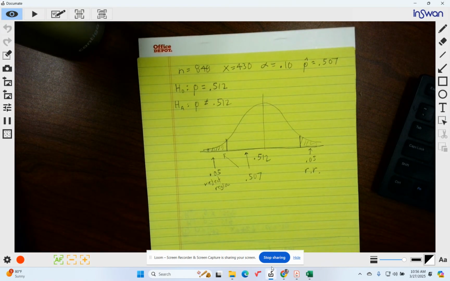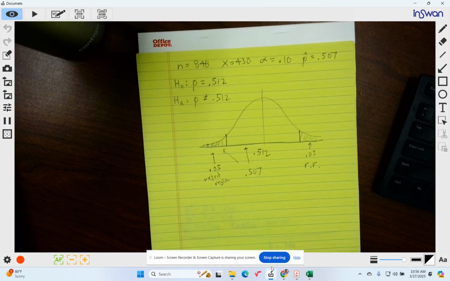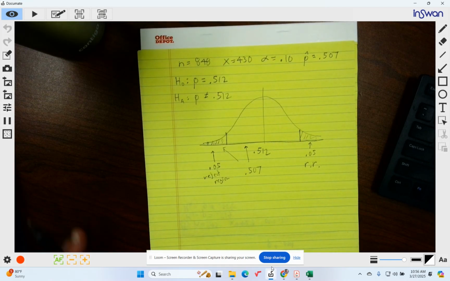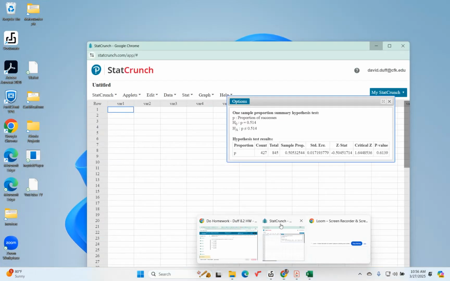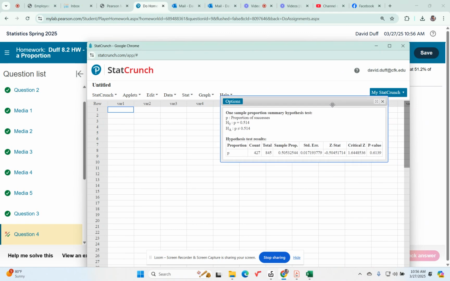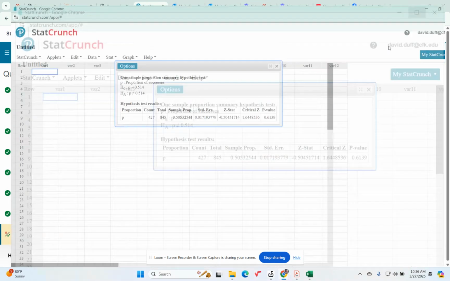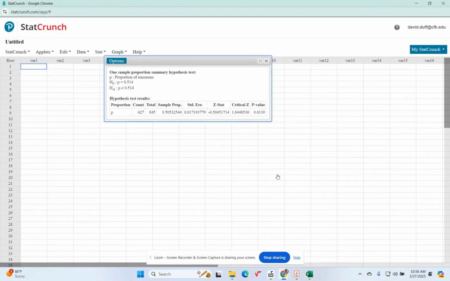And that's essentially what we're looking to find out. All right. So this is a different way to look at it, but this is what's going on. So I'm going to go ahead and go to StatCrunch. I think I might even still have a StatCrunch open from the previous problem. Okay, so I do have StatCrunch open from the previous problem.